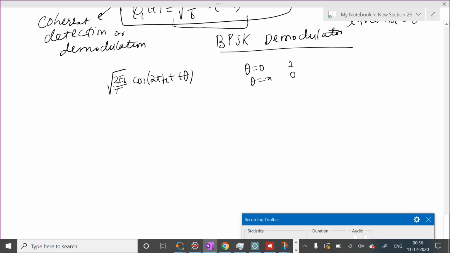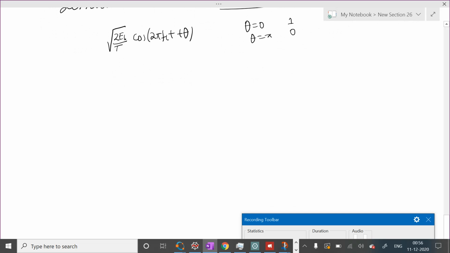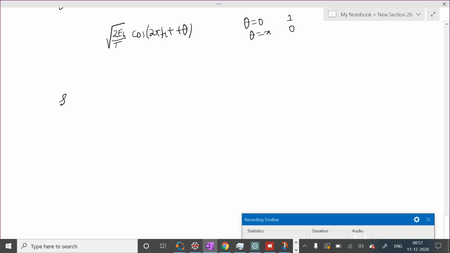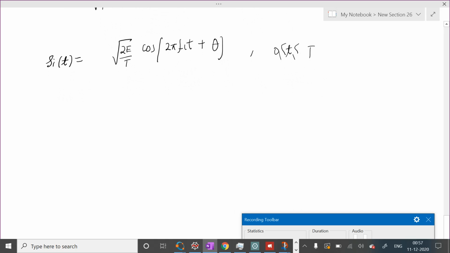Some of you may easily say, what if we take more phases instead of only 2 phases? Okay, suppose I now represent a signal. I will write si of t as root of 2E over T cos of 2 pi fct plus some theta, definitely for 0 less than or equal to t less than or equal to some capital T. Now let me write here theta i.